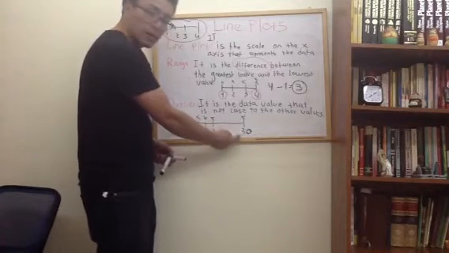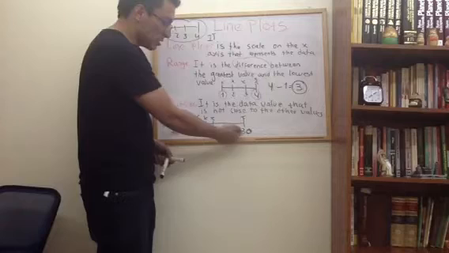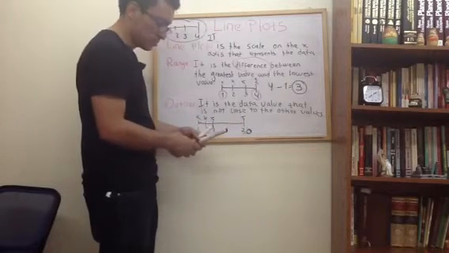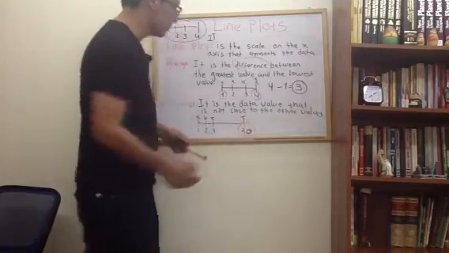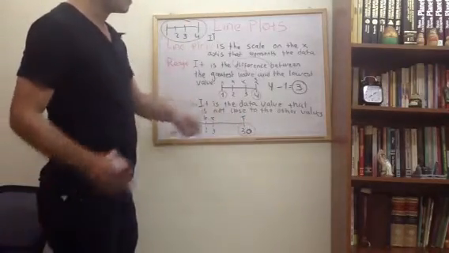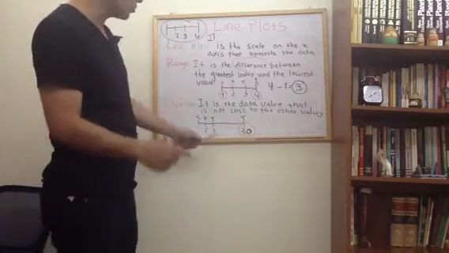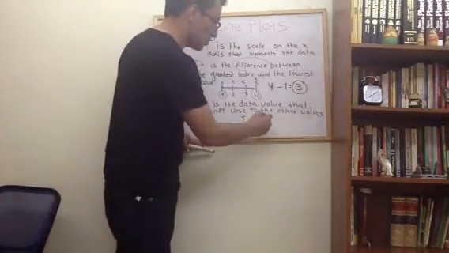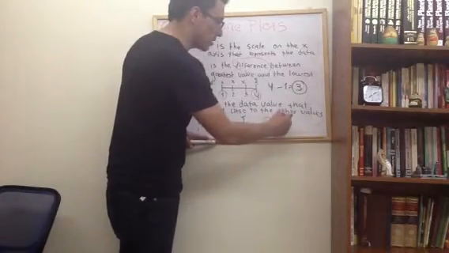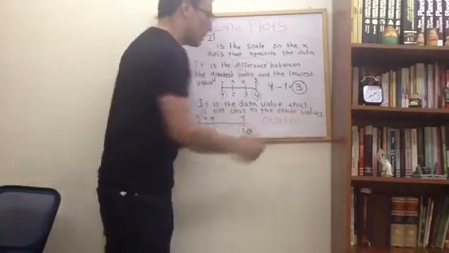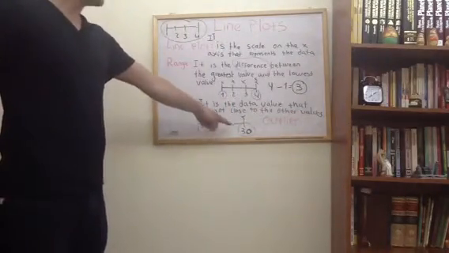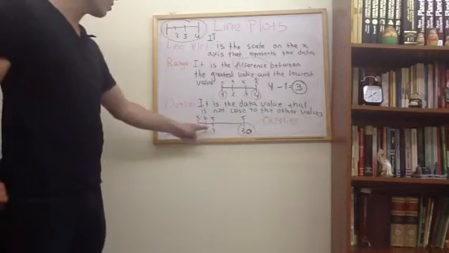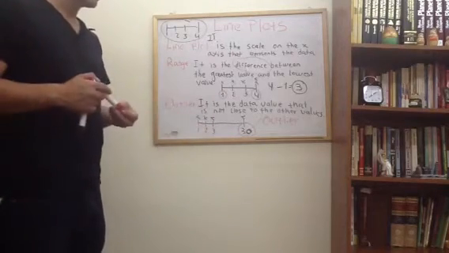However, 30 is not close to these 3 numbers. That means that this number is not close to these 3. So 30 in this case is the outlier.